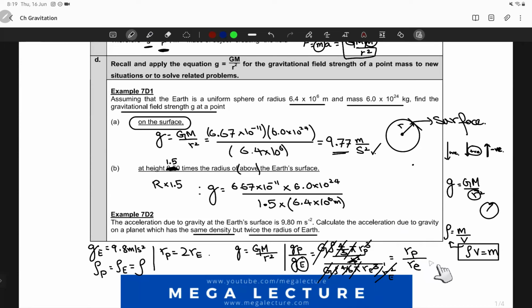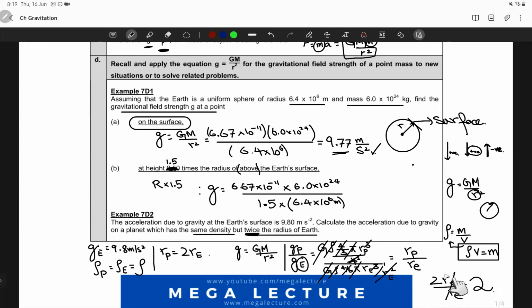That's the ratio g_p over g_e. We know that the radius of the planet is 2 times the radius of the Earth. So in place of r_p, I can put 2 times r_e, divided by r_e. So we get 2.